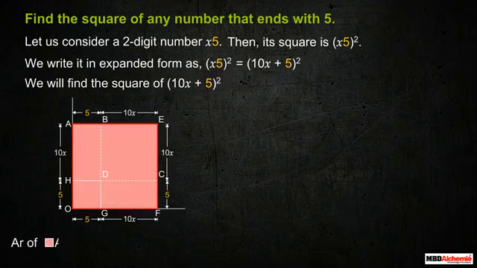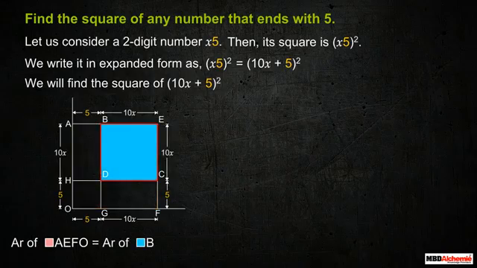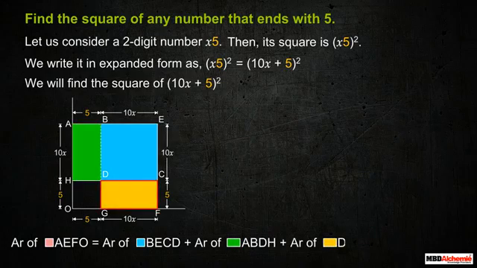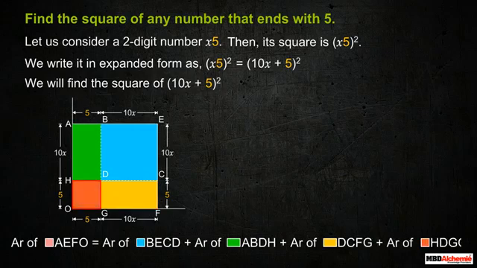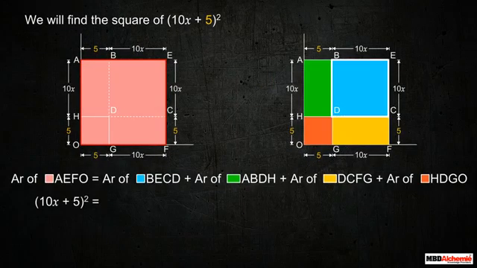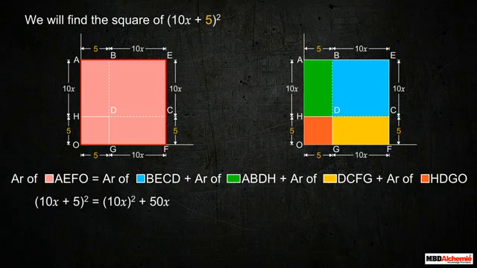The area of the square AEFO is the area of the square BECD plus area of rectangle ABDH plus area of the rectangle DCFG plus area of the square HDGO. We get (10x) squared + 50x + 50x + 5 squared.